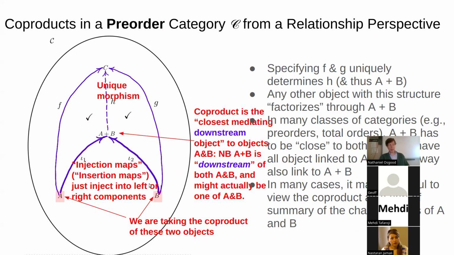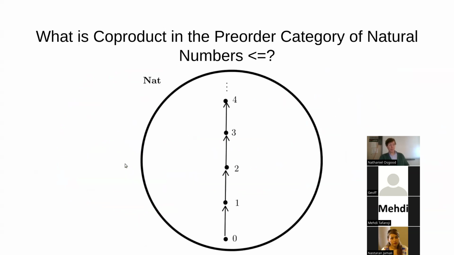It could be A or B itself, but the point is it's the one closest to them. It's the least further down. For any other object that may be greater than or equal to A or B, there's a unique morphism here. Well, in a pre-order, morphisms are always unique from A plus B to here. So this is like the least one at least as big as A and B. Are we okay with that notion? Okay. So what's the coproduct here?